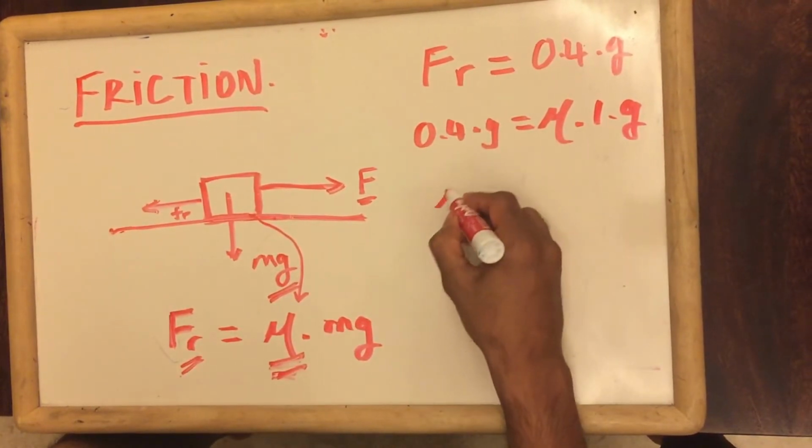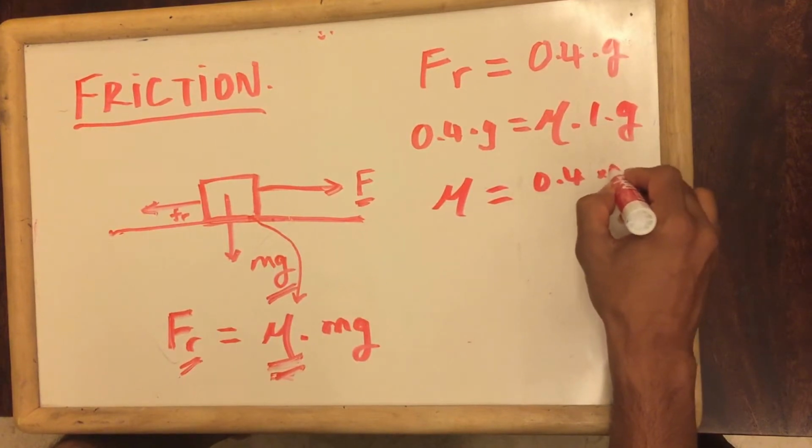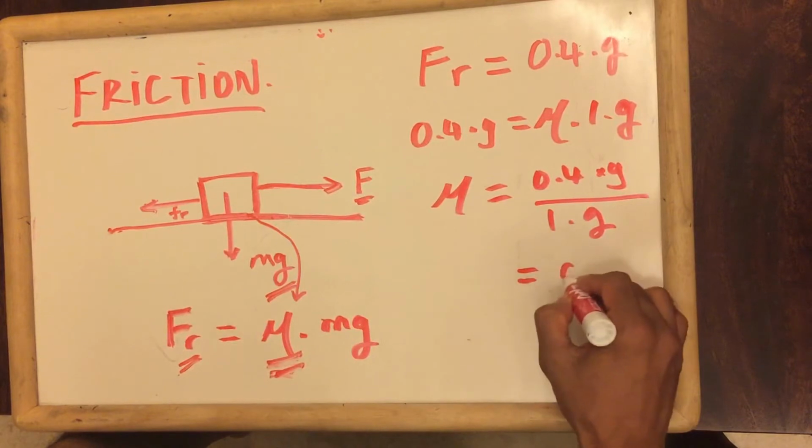With this, mu is equal to 0.4 times g divided by 1 times g, which is equal to 0.4.